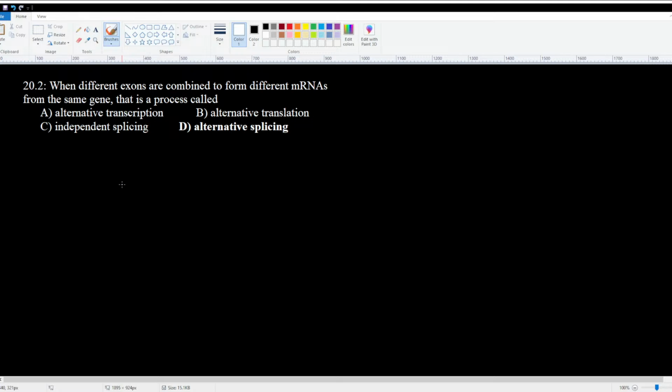Anyway, number 20.2, sorry, is asking when different exons are combined to form different mRNAs from the same gene, this process is called, so remember what we learned from earlier, that is called splicing, right? When we're adding exons, that's called RNA splicing, right?